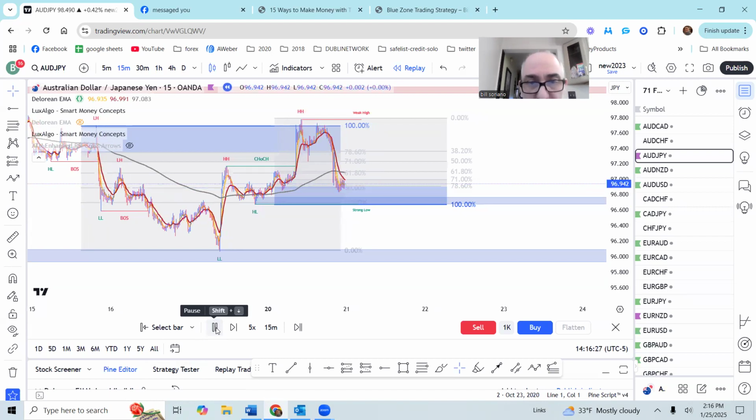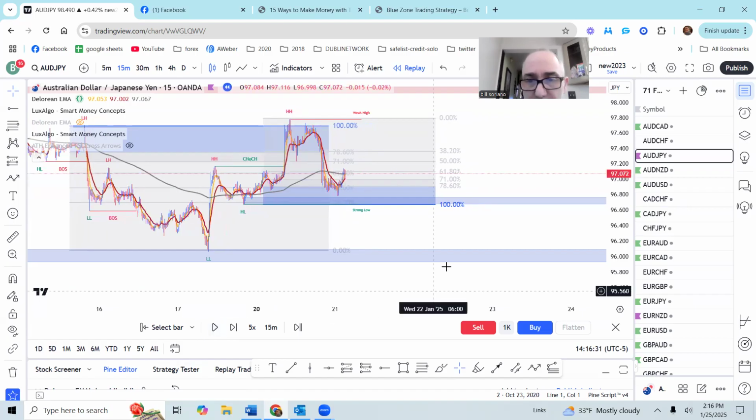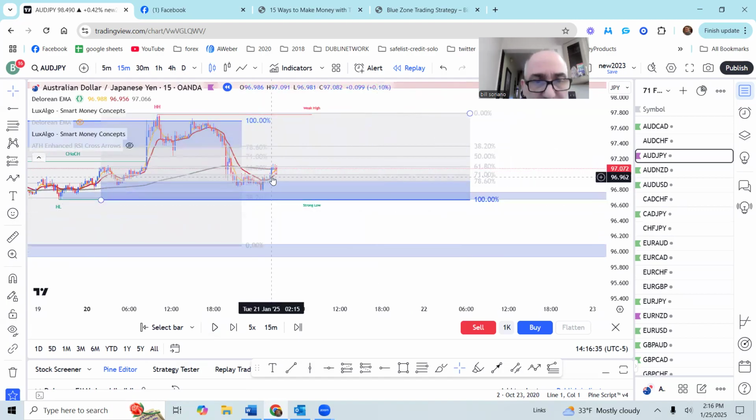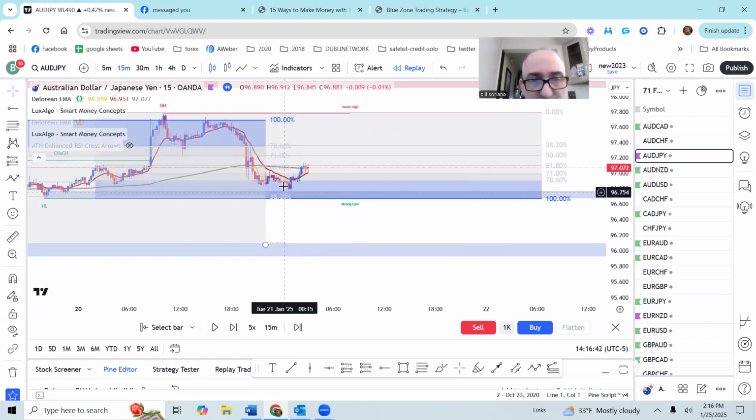The price goes down into the blue zone. And then right about here, we're waiting for that yellow EMA to cross and close above the red one. The yellow's the 5, the red one's the 13. That gives us our entry reason, right?